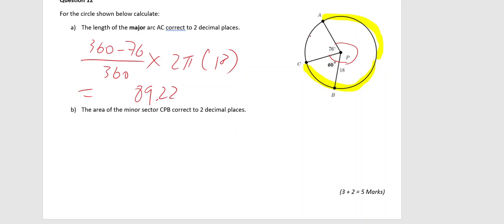The area of the minor sector of CPB is this sector here. Okay, so the angle is 60 degrees out of 360 times the area of the circle, so it's pi r squared.